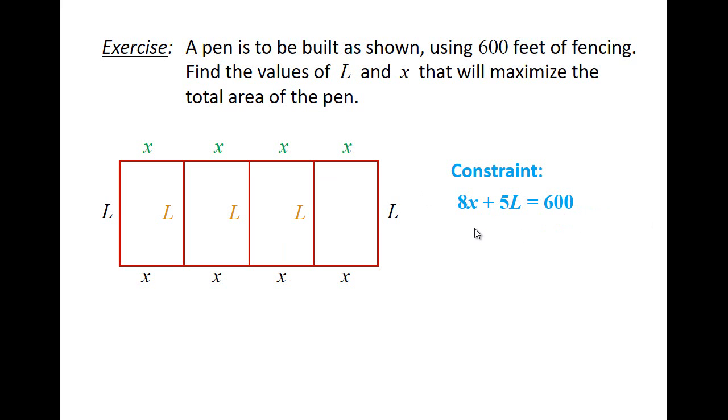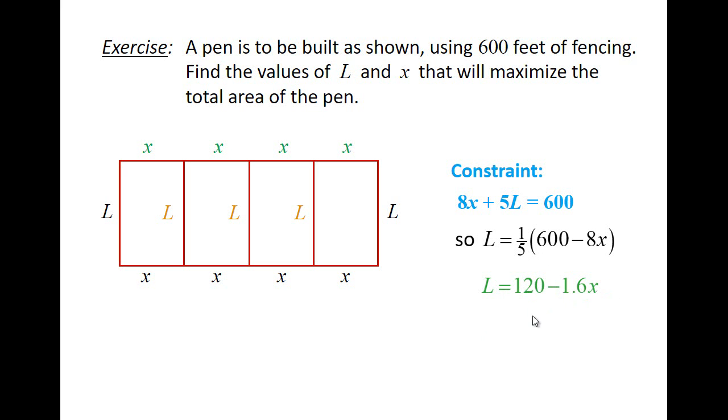Now from this constraint equation I can solve for L, and it will be (600 minus 8x) divided by 5. And then if I divide by 5, 600 divided by 5 is 120, and 8 divided by 5 is 1.6. So we get L is 120 minus 1.6x.